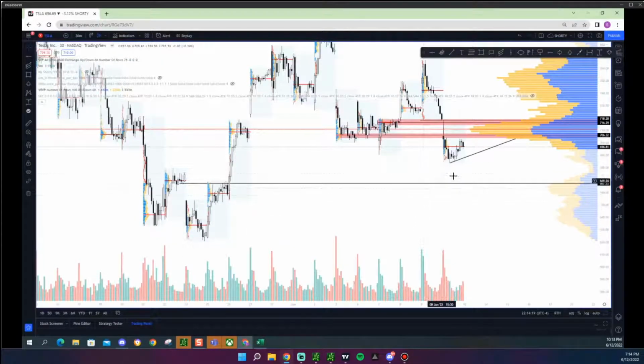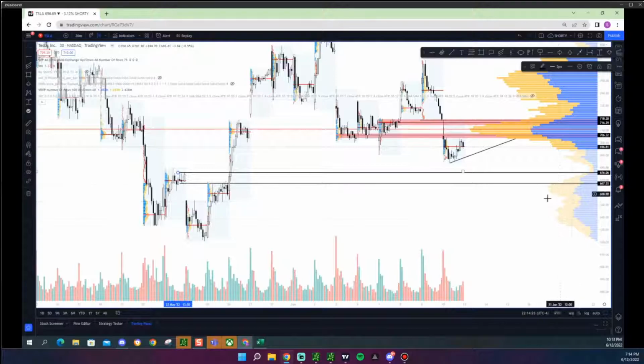So if you're really risky, you can take this skinny belly here, 676. If it rejects, it has a really high chance of reaching 676. And then this flag here, you can make it a little bit more aggressive. Don't be like Shorty. Even like this, I will take this short here, guys.